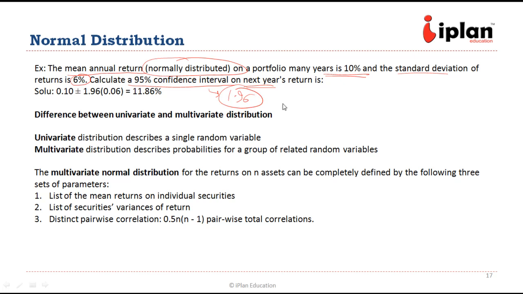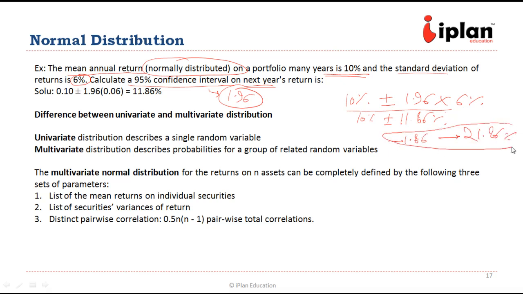So we are 95% confident that the value will lie between 10%, which is the mean, plus or minus 1.96 times sigma, which is 6%. So we get the range, which will be 10% plus or minus 11.86%. So the range is going to be minus 1.86 to 21.86%. So this is our confidence interval of 95%.